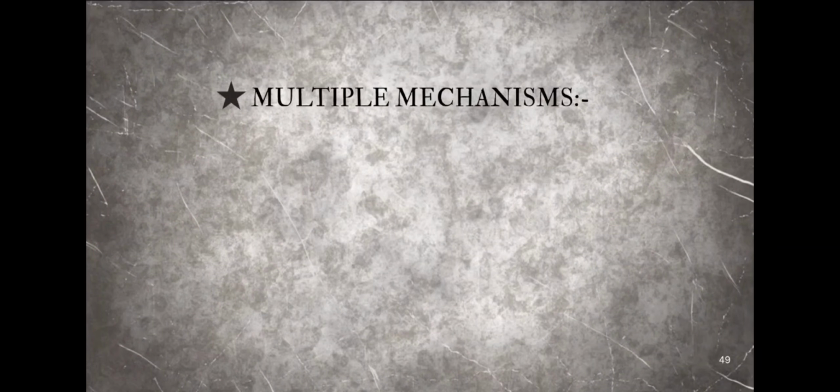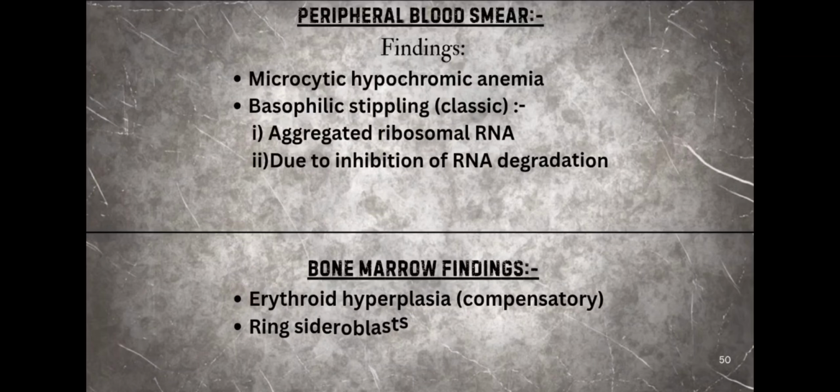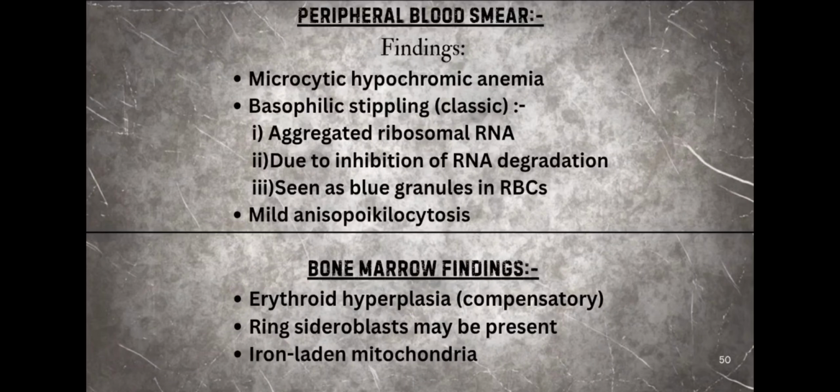Peripheral blood smear findings are microcytic hypochromic anemia and basophilic stippling, where aggregated ribosomal RNA due to inhibition of RNA degradation is seen as blue granules in RBCs, and mild anisopoikilocytosis.